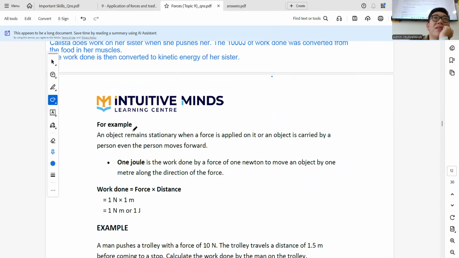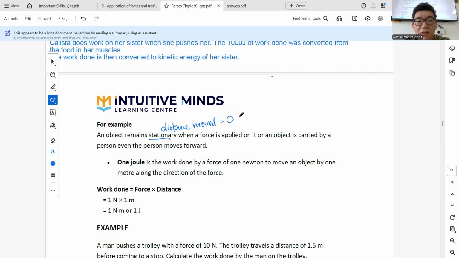Okay, so let's review this sentence. An object remains stationary when a force is applied on it, or an object is carried by a person even if the person moves forward. The first one is quite easy to understand. Stationary. What is the distance moved when you're stationary? 0. Distance moved equals 0.